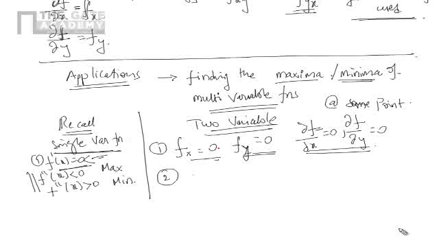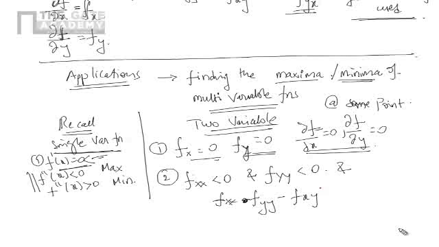Then we say that fxx is less than 0 and fyy less than 0 and, it is not so straightforward here, fxx into fyy minus fxy the whole square is greater than 0. If all these are satisfied, I call this maxima.